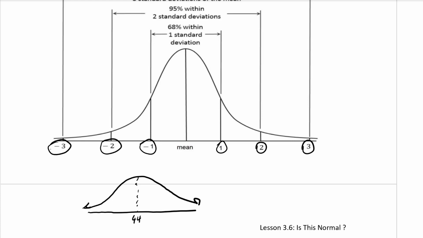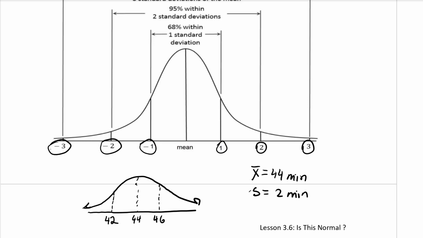But that deviation is measured by the standard deviation. So if you go one standard deviation, it's going to be 46. If you go one standard deviation that way, it would be 42. The average was 44 minutes in that lesson, and the standard deviation was 2 minutes.